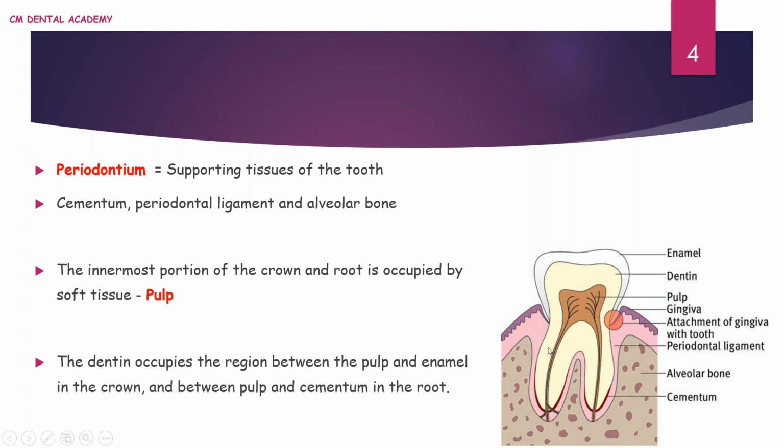After cementum comes a layer of dentine, and into the canals of these roots there will be presence of pulp. So the pulp in the crown portion is called coronal pulp. In case of root, it is called radicular pulp. The dentine occupies the region between the pulp and enamel in the crown, and between pulp and cementum in the root.